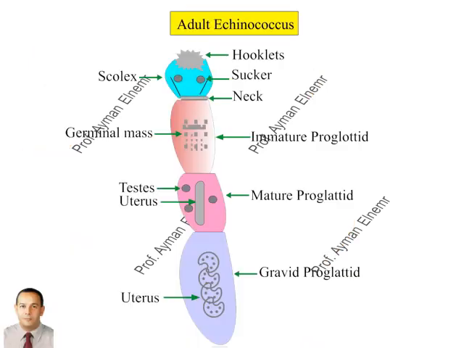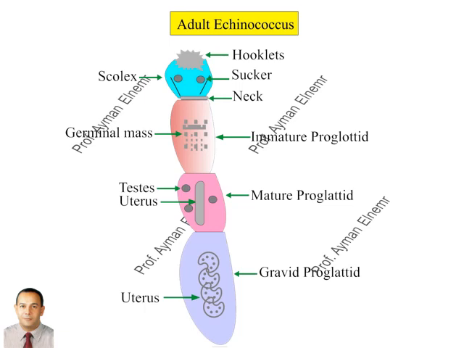This is the parasite. It consists of a head named scolex, containing hooklets and suckers, which attach it to the mucosa of the small intestine of the primary host, followed by segments. The segment next to the neck is called the immature proglottid. The next is the mature proglottid, which contains both testis and uterus, and that's why this parasite is hermaphrodite.